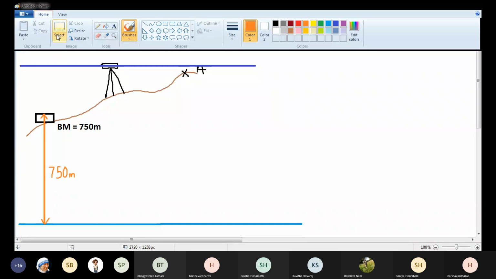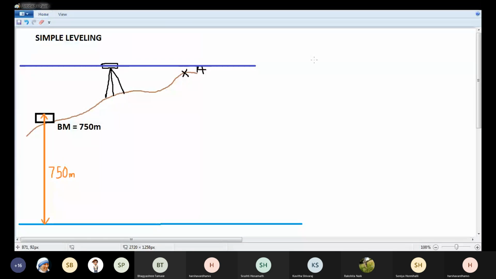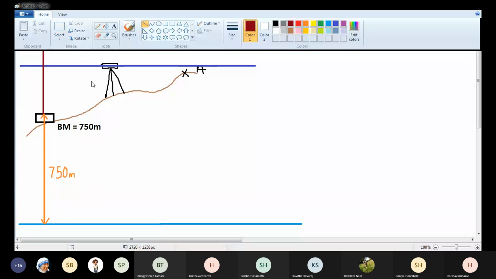Okay, so always, I told you, leveling survey starts from taking a staff reading on benchmark. So I'll take a staff reading on benchmark. I'll hold the staff here, along the line of sight.